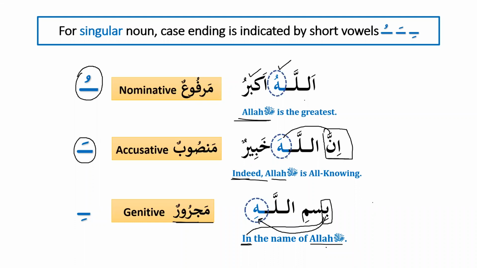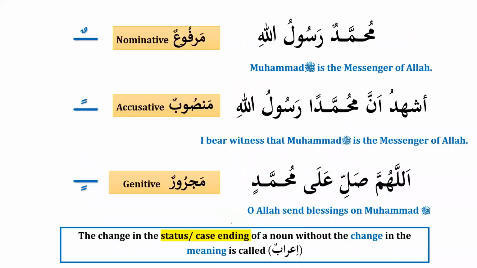And that is what we call I'rab. Basically these vowel signs tell us about the function of the word, whether it is marfu or mansub or majroor. I hope it's clear now. So if you look at these three examples, we can easily understand that Lafdul Jalala here is marfu, here it is mansub, and here it is majroor.